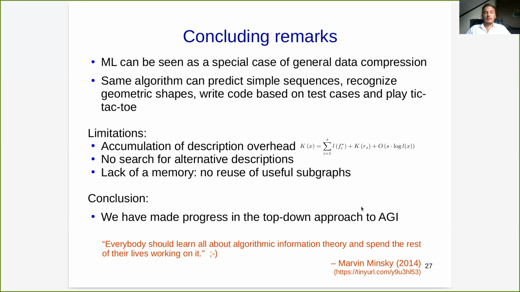And of course, you will have in mind what the limitations are. Can this be scaled up? And the answer is I don't know, but I hope so, of course. But currently, the limitations are the following. One is the accumulation of description overhead.